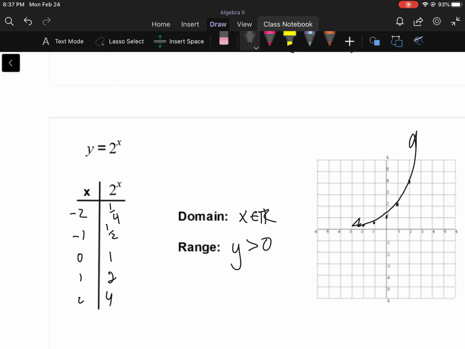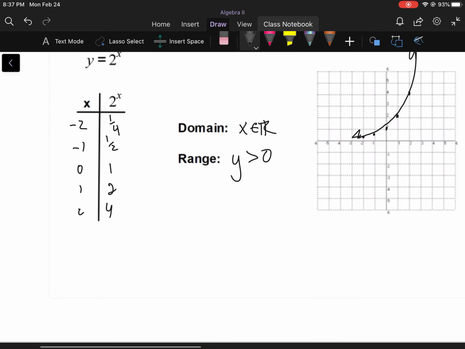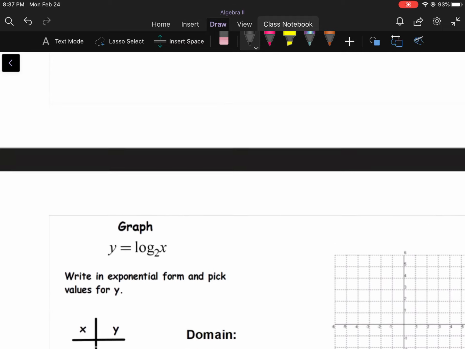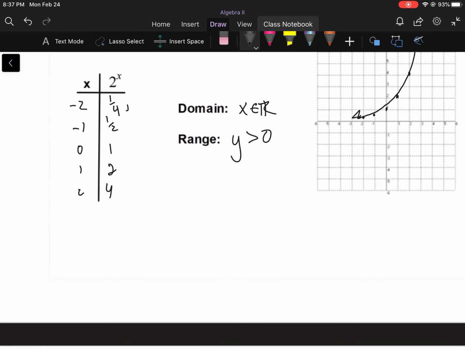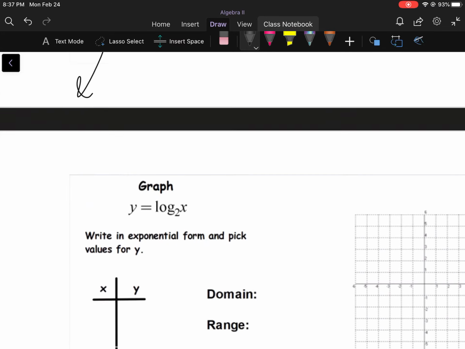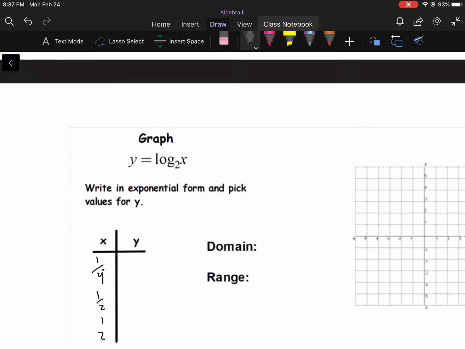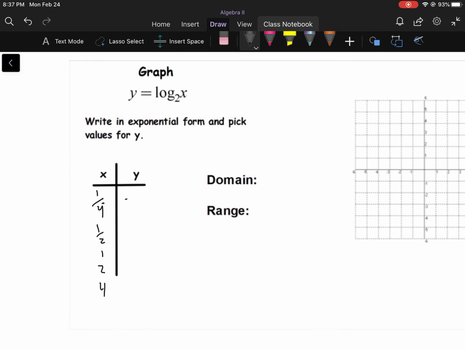Now I'm going to use that to help me make an inverse by taking and flipping it around. So all my y values here of 1/4, 1/2, 1, 2, and 4 will come over and become x values. And my x values of -2, -1, 0, 1, and 2 will become my y values.